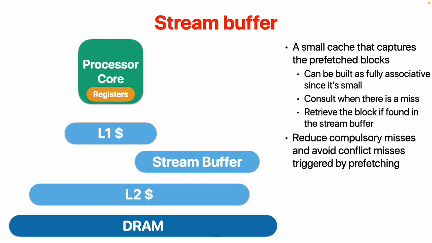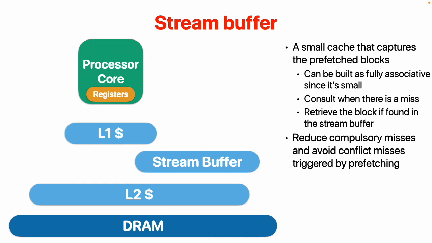So another idea is the stream buffer. The reason why prefetch doesn't work in this particular case is because when you prefetch data, it still needs to occupy your cache.